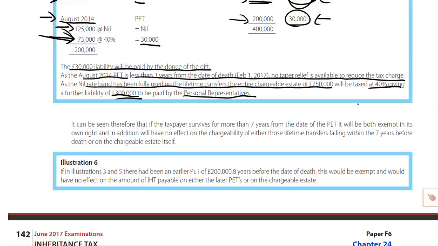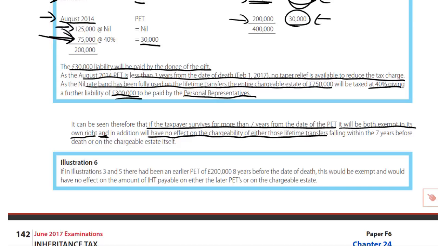From what we've just seen, and to take us through to our next simple scenario, it can be seen that if the taxpayer survives for more than 7 years from the date of the PET, then that PET will be both exempt in its own right and, in addition, will have no effect on the chargeability of either those lifetime transfers falling within the 7 years before death or on the chargeable estate itself.